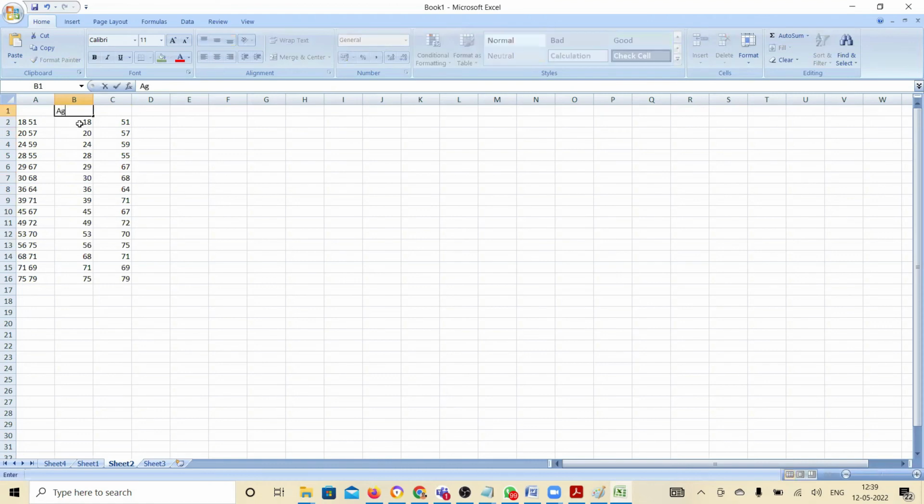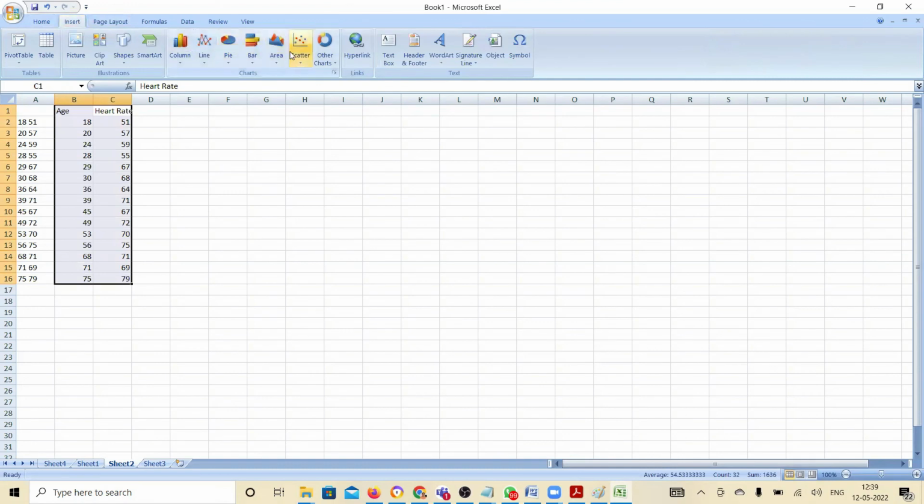So this is the age and you have the heart rate. Let's draw the scatter plot to see how well this data is working.